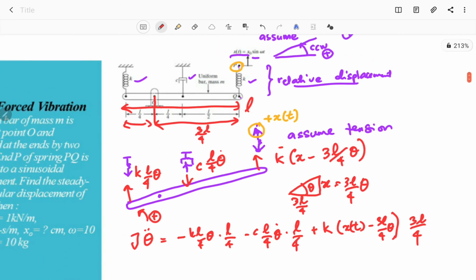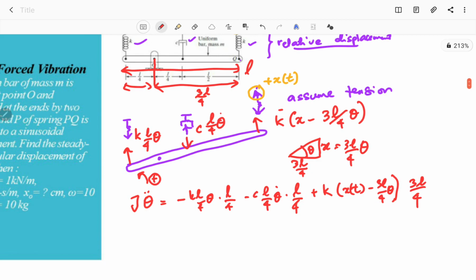Okay, so then when you rearrange the equation, what you get is J theta double dot, and you bring everything to the other side except for the input to the system.